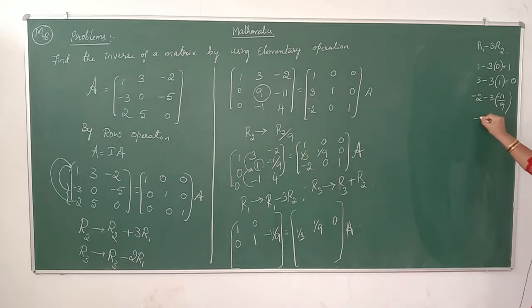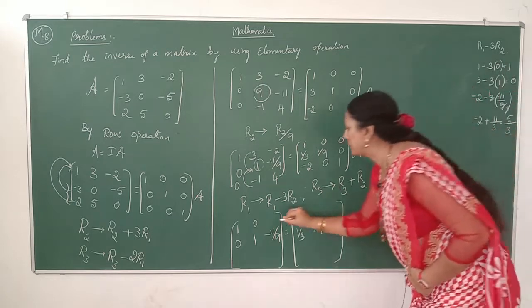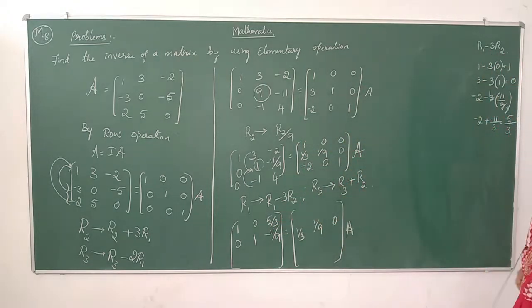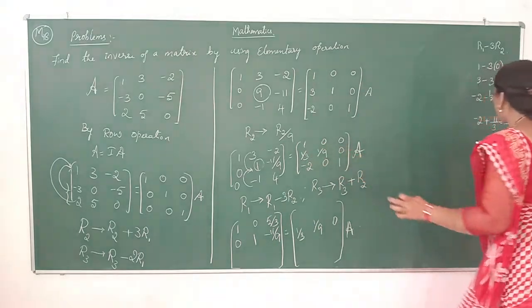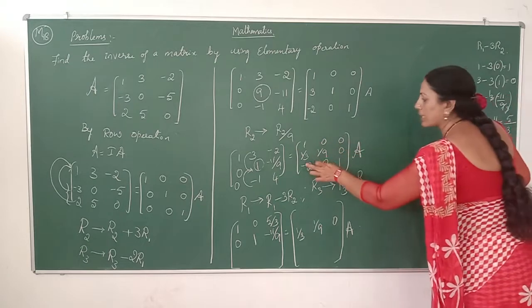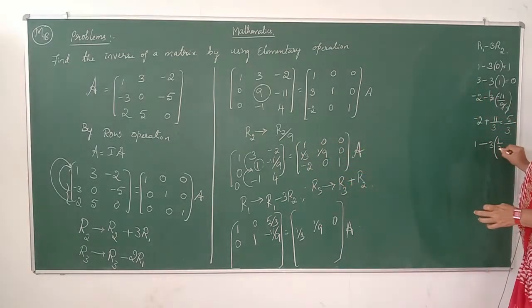Simplified, minus 2, minus into minus is plus, 3 ones are 3, 3 threes are 11 divided by 3. So taking the LCM, 3 is the LCM. Minus 6 plus 11 is 5 divided by 3.